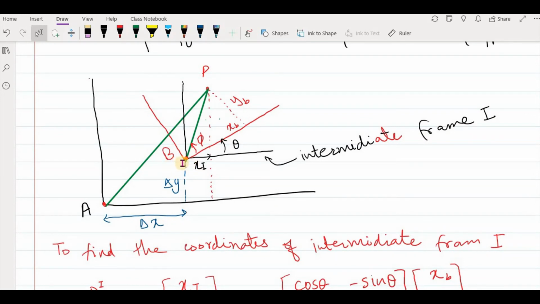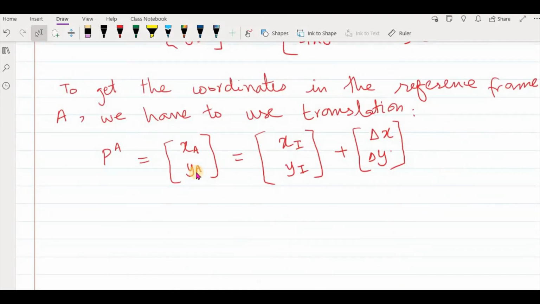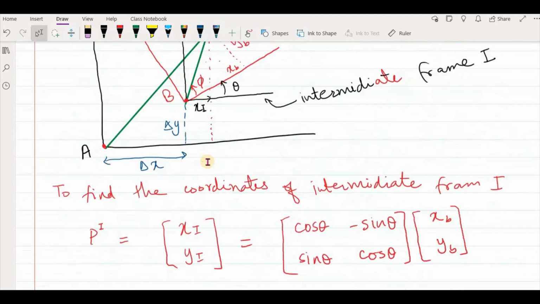When you add delta X and delta Y to the Xi and Yi you already know, you get the whole length of this green vector AP, and this vector is in frame A, which is the reference frame. That is called translation.